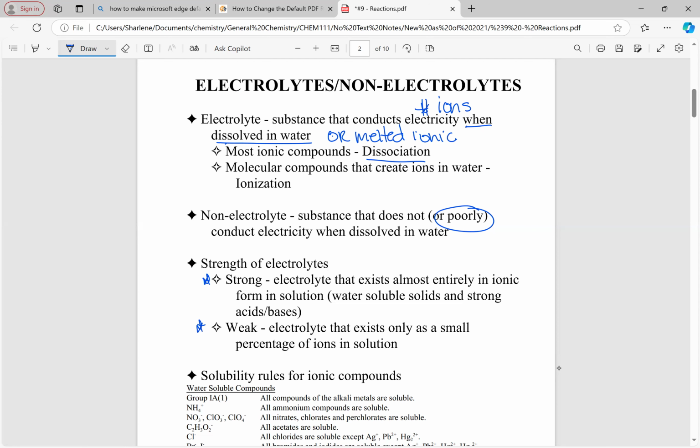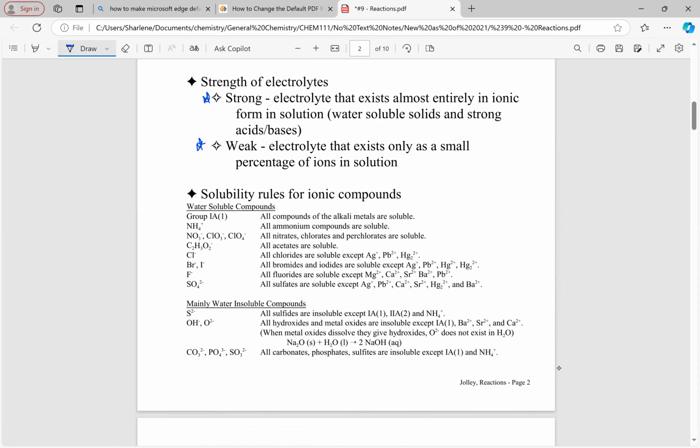We're just talking about how much that it dissolves in the water. And how are we going to decide this? We're going to use the solubility rules. And yes, these are on your reference sheet. So your solubility rules are going to help you decide whether something is going to dissolve in water. Key point right here. I am talking about ionic compounds, not molecular compounds.